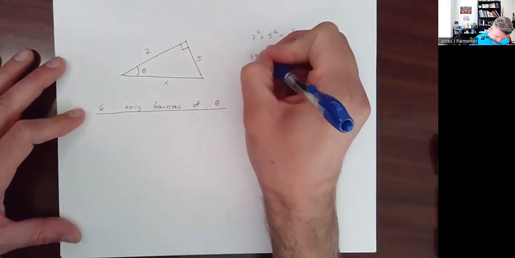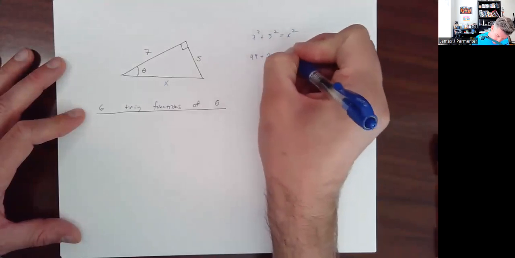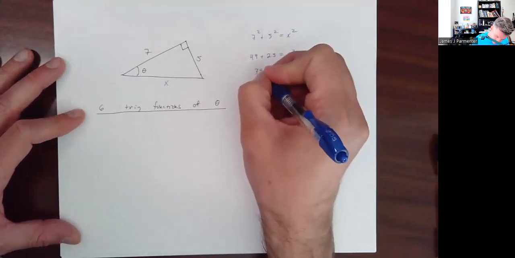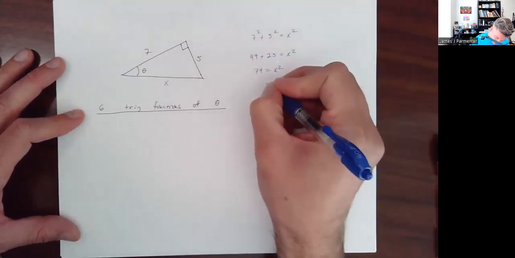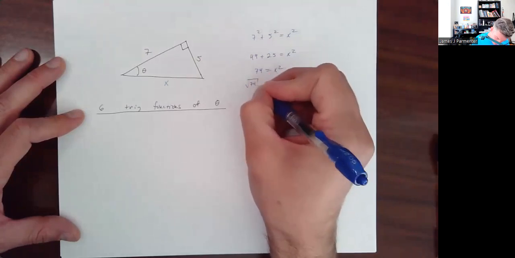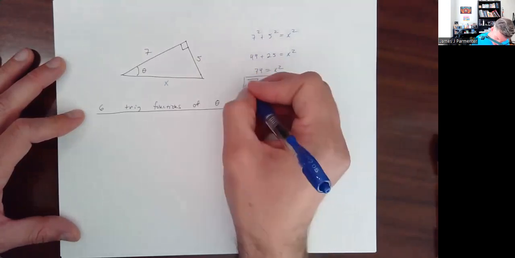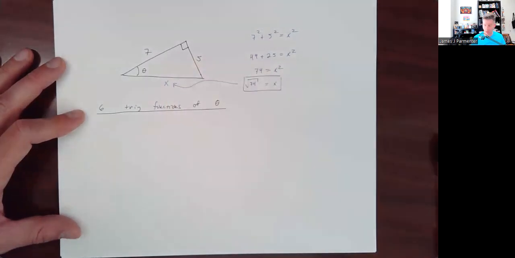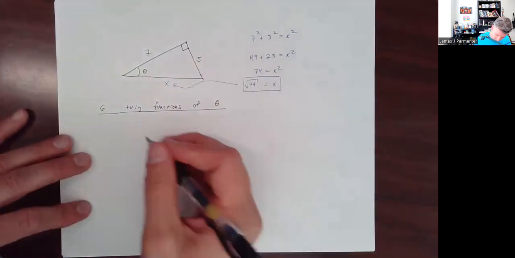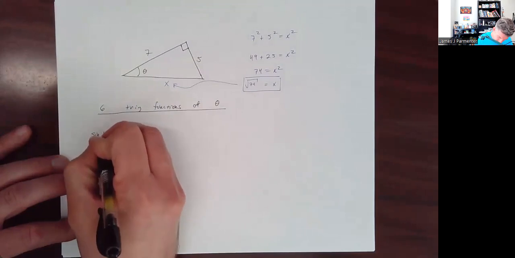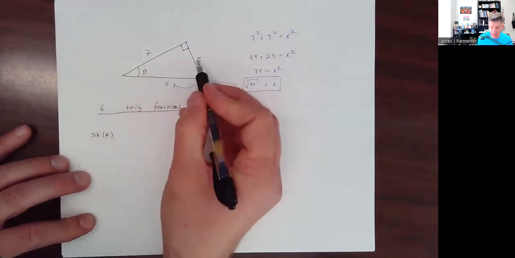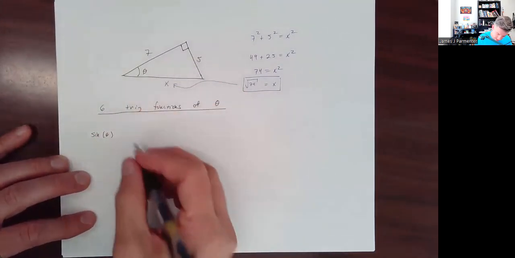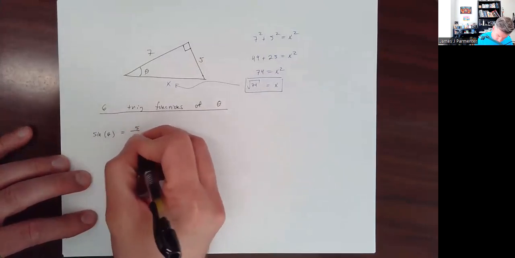So 49 plus 25 equals x squared. 74 equals x squared. x equals the square root of 74. Cool. So that's what's going to go right there. That's our hypotenuse length. Now, sine of theta, well, there's my angle. There's the opposite side. There's the hypotenuse side. It's going to be 5 over the square root of 74.